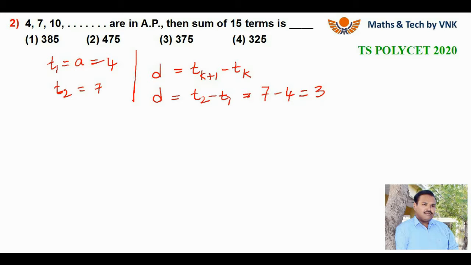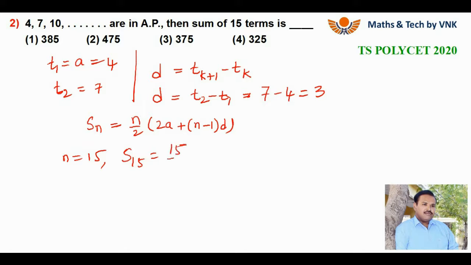The sum of the first n terms of an arithmetic progression is Sn is equal to n by 2 into 2a plus n minus 1 into d. So for the sum of the first 15 terms, n is equal to 15. To find the sum of 15 terms, substitute n is equal to 15. So S15 is equal to n by 2, 15 by 2 into 2a, 2a is 4 plus n minus 1, that is 15 minus 1, d is 3.